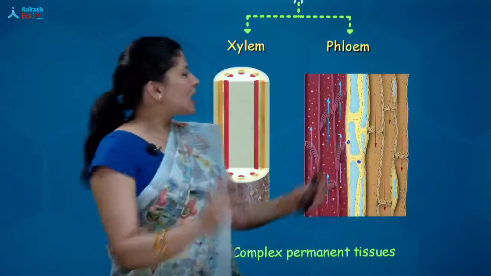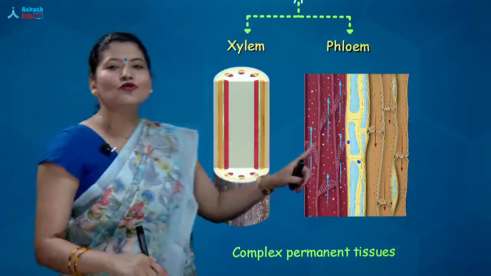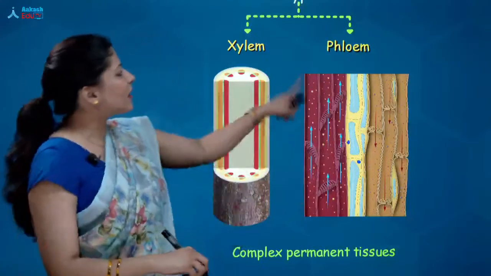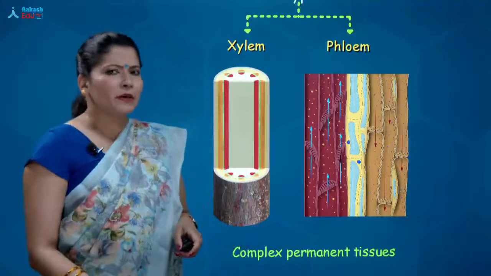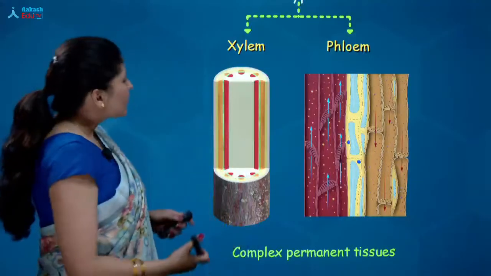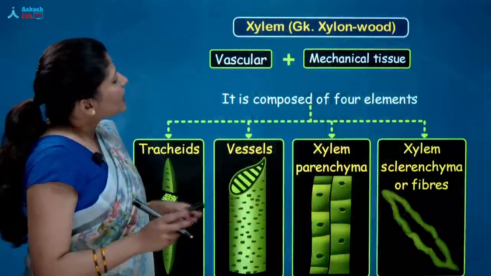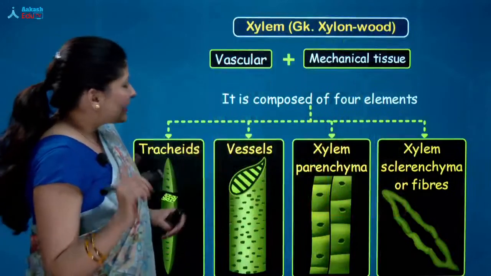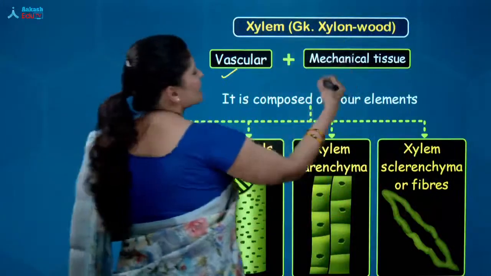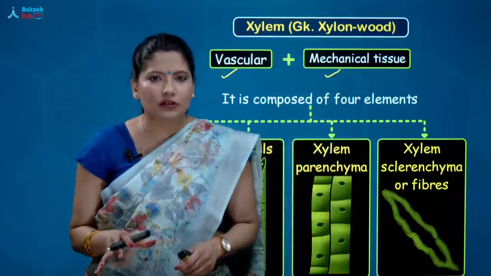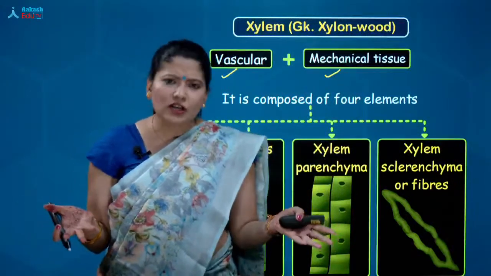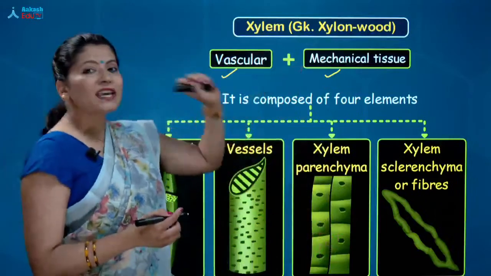And we all know the function of xylem is to transport water, while the function of phloem is to transport food. We have studied this in 7th class also. So let's start with the xylem. It is vascular as well as mechanical tissue. Vascular means it helps in transportation of water, as well as mechanical tissue.